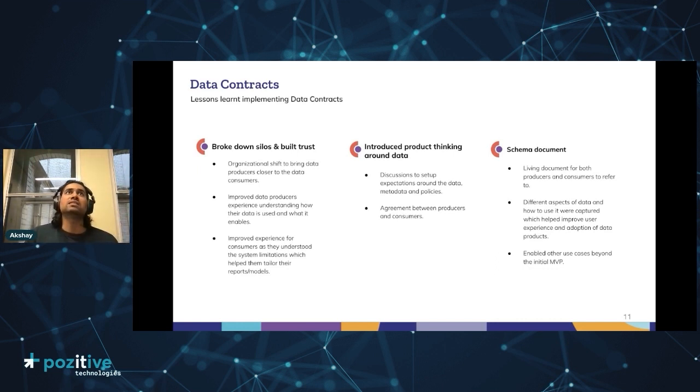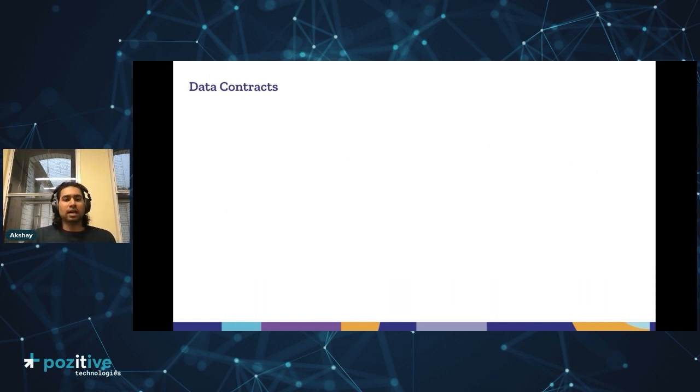And it also helped us identify what are the use cases beyond the initial MVP that we built, and then helped us expand on the data product to build other use cases and so on.